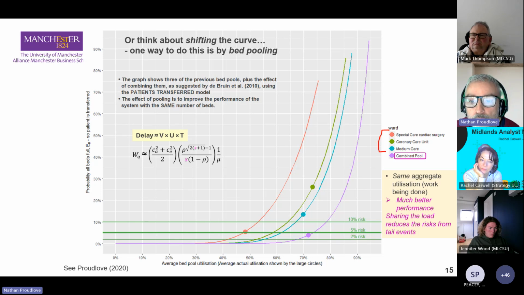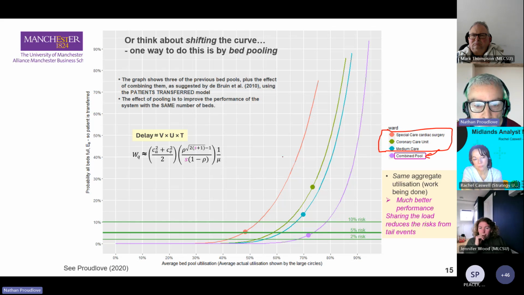What if instead of having 3 separate bed pools that you run independently, you pool the beds, you combine them into one bed pool? So the 3 separate units are the red, green, and blue. Those are their performance curves. If you fed all of the same demand and the same length of stays, etc., into one combined pool, so all the beds were now run as one bed pool, you'd have a system that performed like the purple curve.